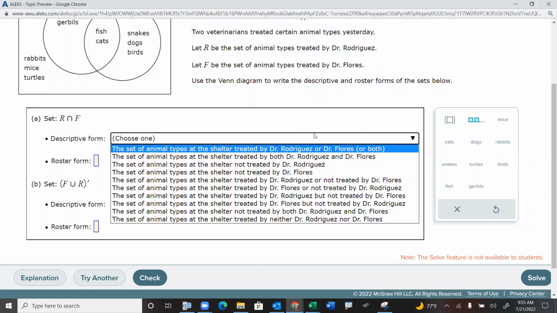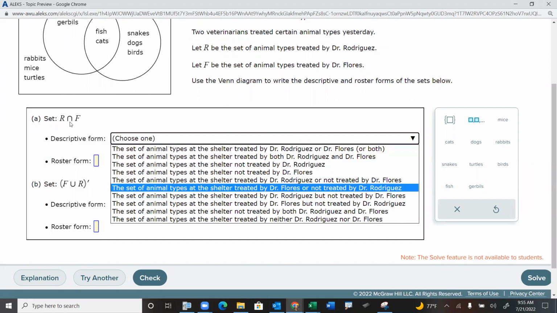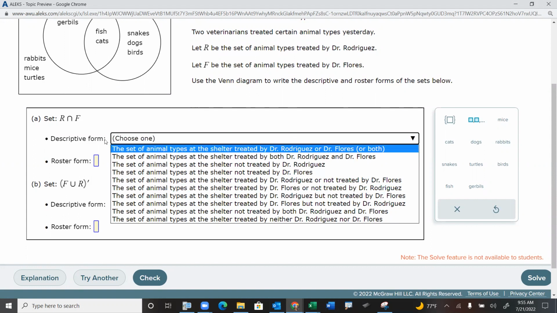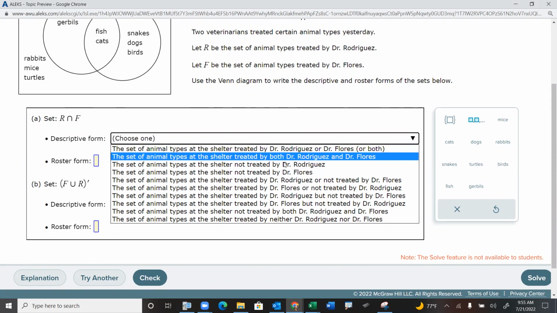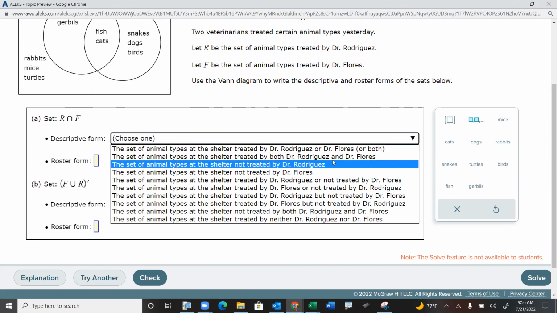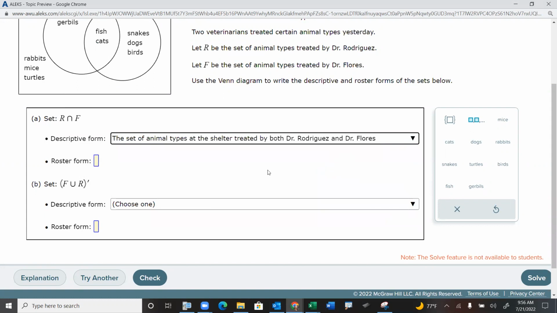Intersection typically involves the word and. This one has or, so that's not going to be it, but this one does have the and. The set of animals treated by both Dr. Rodriguez and Dr. Flores. So that would be it right there.